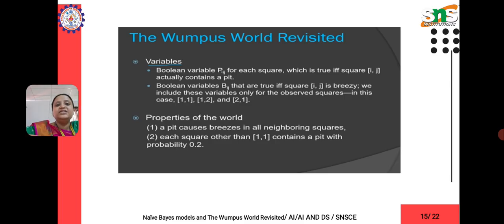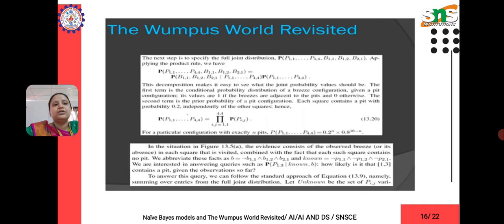The breezy value is observed in the places (1,1), (1,2) and (2,1). A pit causes breeze in all the neighboring squares, and each square other than (1,1) will contain a pit with a probability of 0.2.